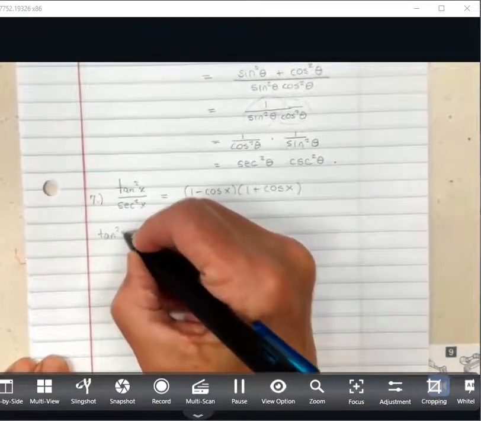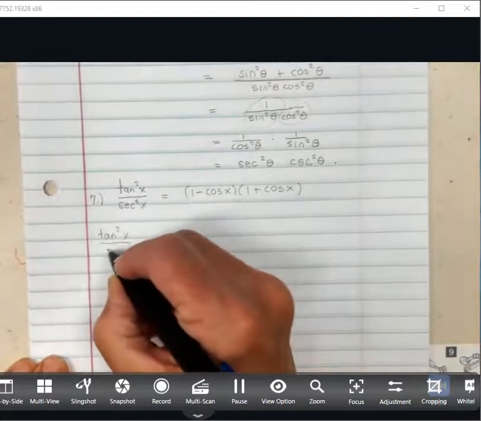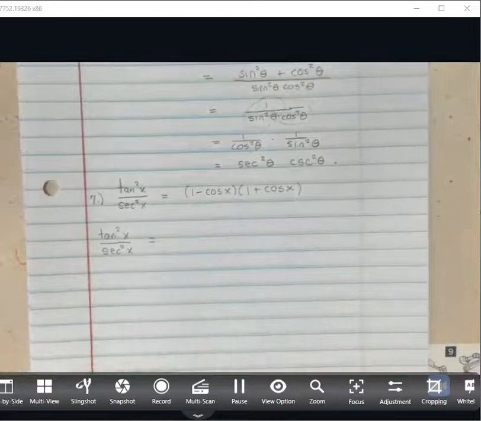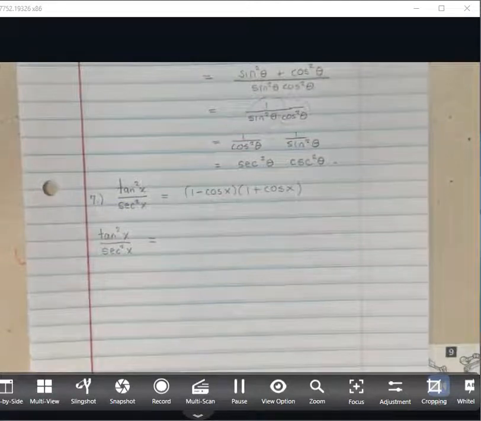What would you do first? Right, in terms of sine and cosine. Seems to be a good method of attack. Okay, so tangent squared is sine squared over cosine squared?